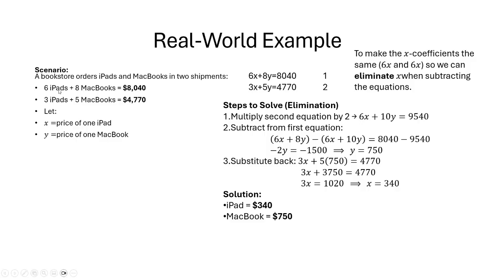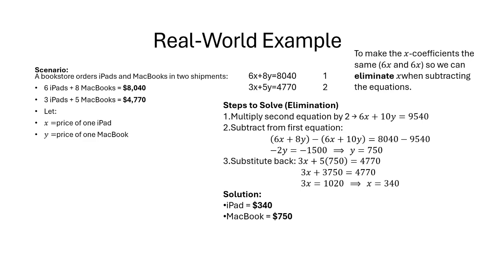And so we're going to do 1 and 2. So 1 is 6x plus 8y equals 8,040, and our second is 3x plus 5y equals 4,770. So we're going to do everything that we just learned in our last couple slides.